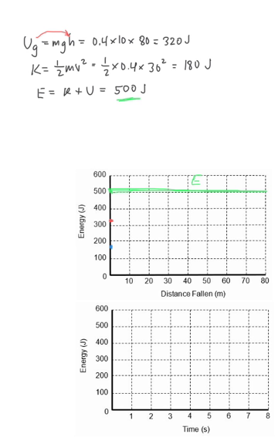So on this graph, we're going to put a dot at 80 meters and 0 joules of energy. And because it's a linearly proportional relationship between U and h, or U and the distance fallen, we can just write this as a straight line going from 320 down to the 80.